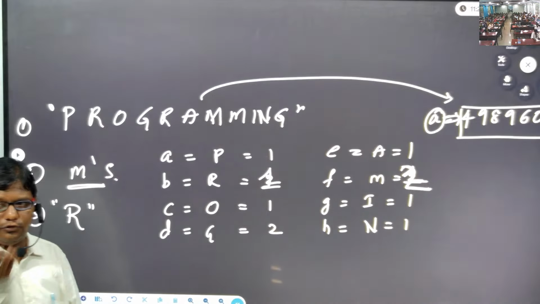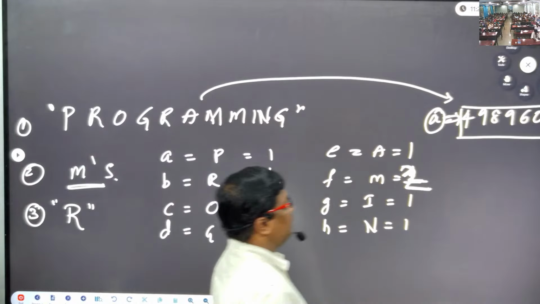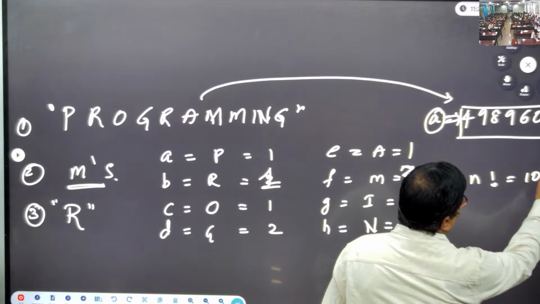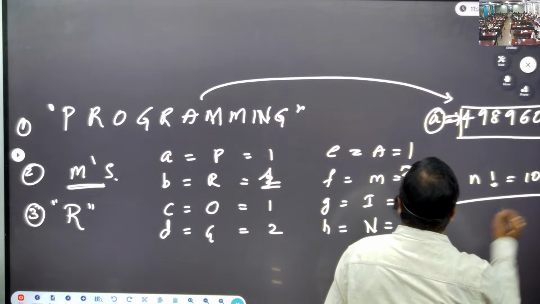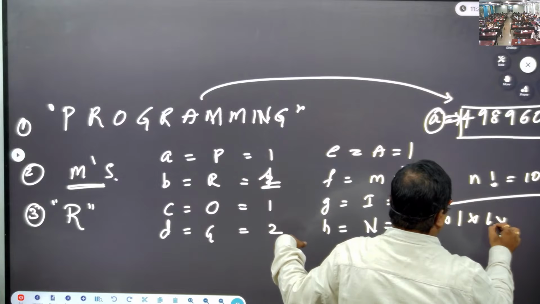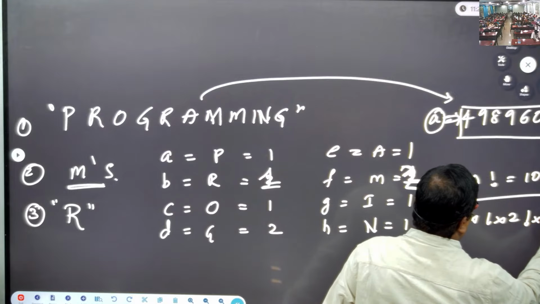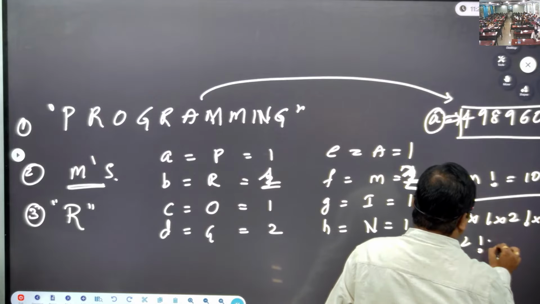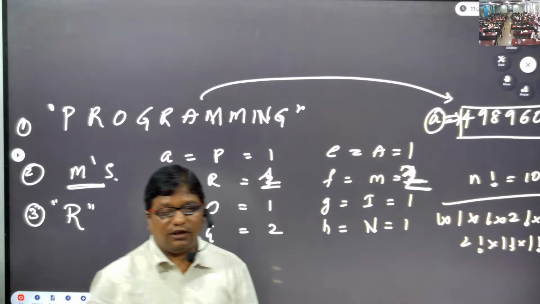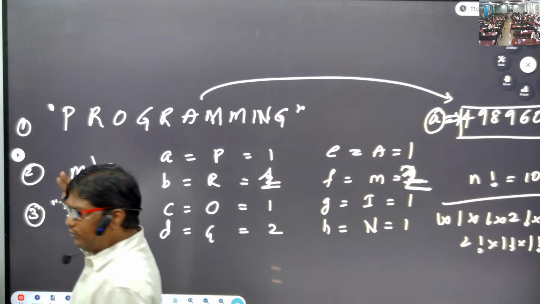So when you are writing your n factorial by a factorial to h factorial, your n factorial value will become 10 factorial by, again, 1 into 1 into 1 into 2 factorial into 1 factorial into 2 factorial into 1 factorial into 1 factorial. That is the only change between your second question and third question.